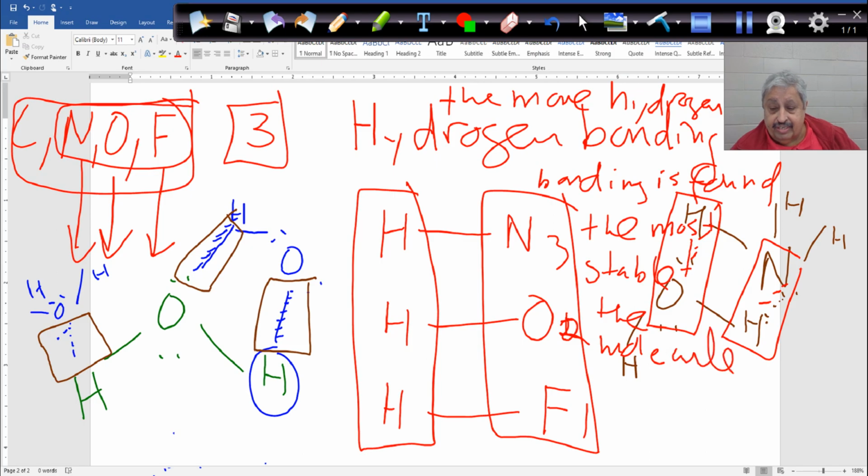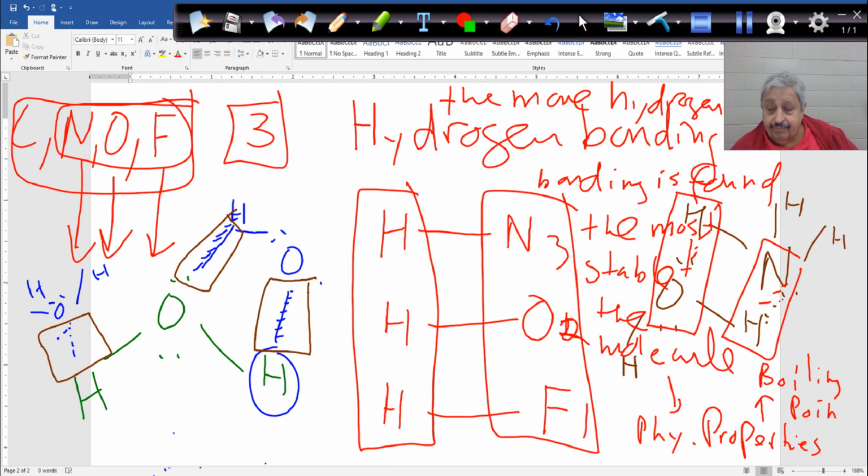That will affect physical properties, such as boiling point, which will be very high. The boiling point increases.